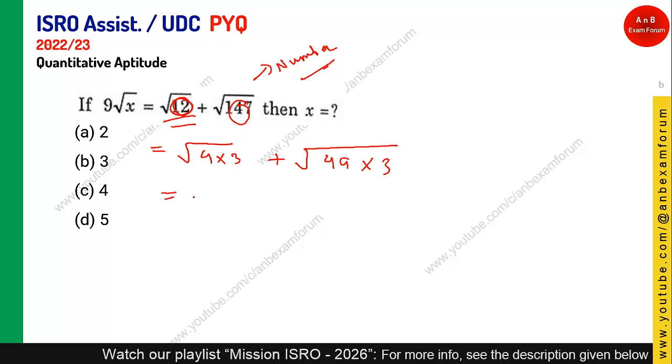If you separate it, it will become 2 root 3 and 7 root 3. The total will become 9 root 3, and here it is 9 root x. So x is 3. Very simple one. X is 3.